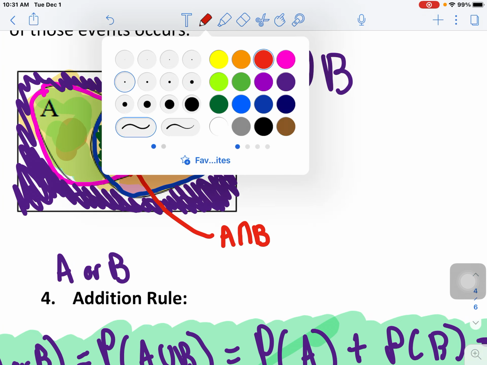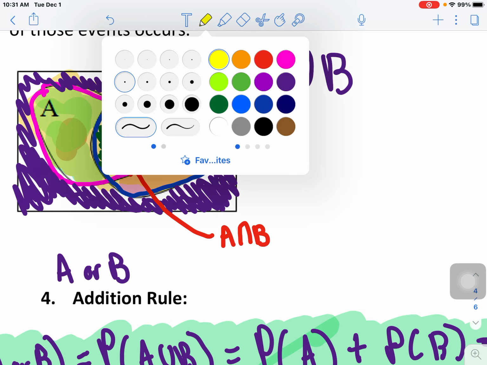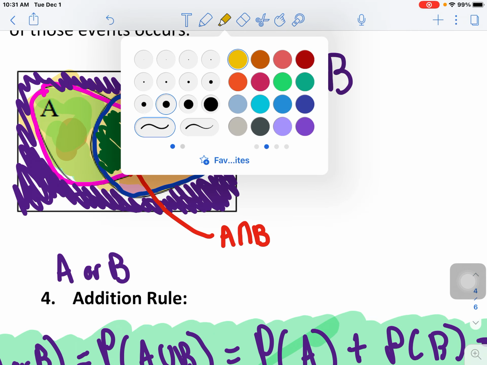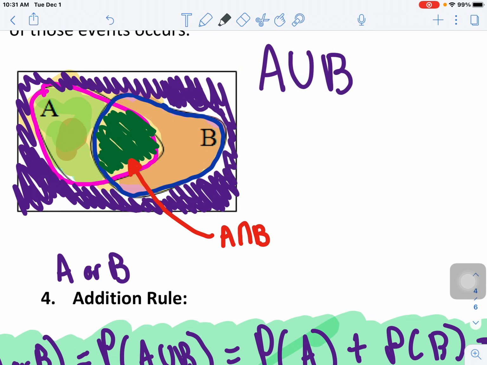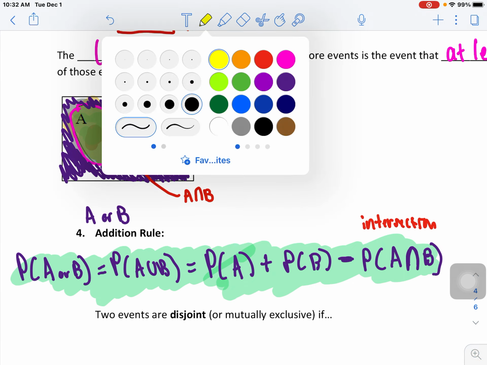So this whole region right here is what the union is.